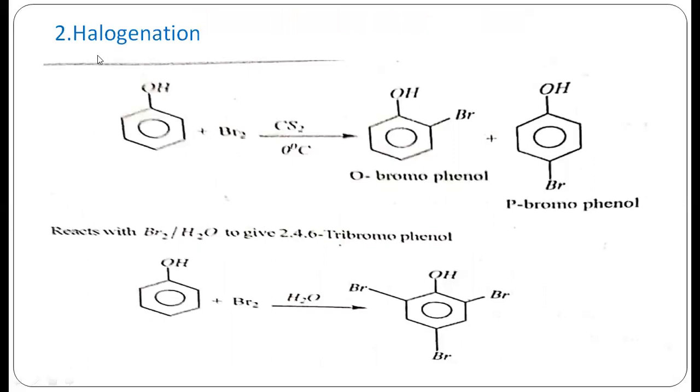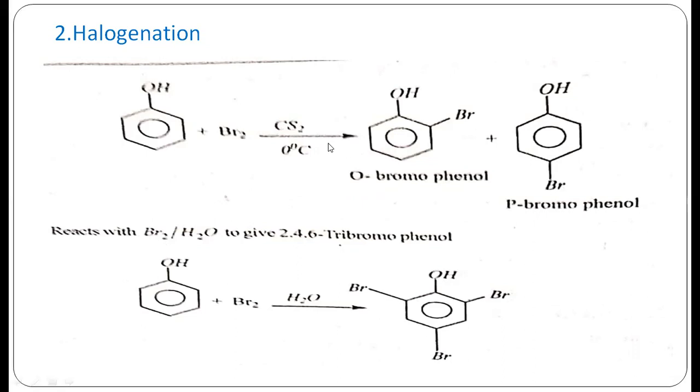Then another one is halogenation. Phenol, when it reacts with bromine in the presence of carbon disulfide at 0 degrees temperature, the halogen, Br plus, is able to attack at the ortho position, which produces orthobromophenol, as well as at the para position, which produces parabromophenol. Whereas when phenol reacts with bromine in the presence of water, it produces 2,4,6 tribromophenol.